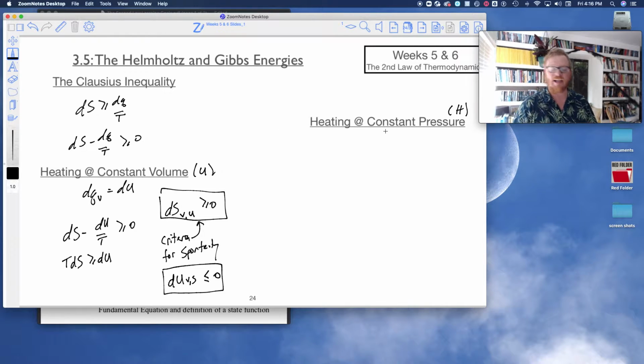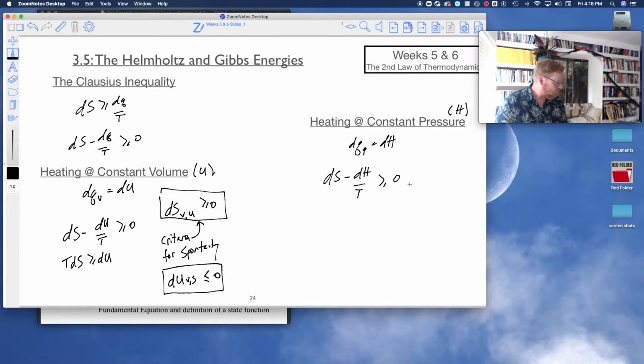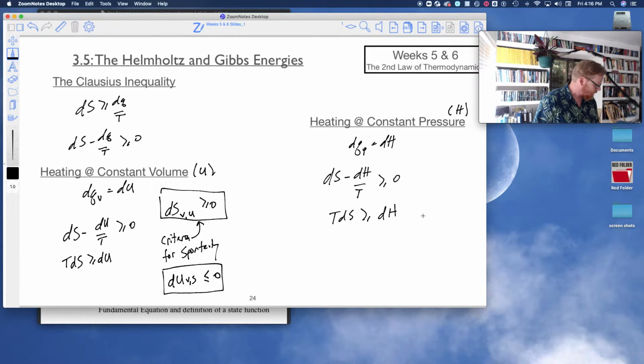Beautiful. Okay, what about heating at constant pressure? Well, we know dQp equals dH, okay? And so I can rewrite the Clausius inequality as dS minus dH over T greater than or equal to 0. Okay, and so once again, we know the quantity TdS must be greater than or equal to dH. All right?